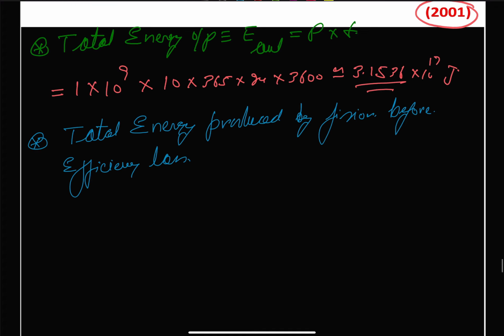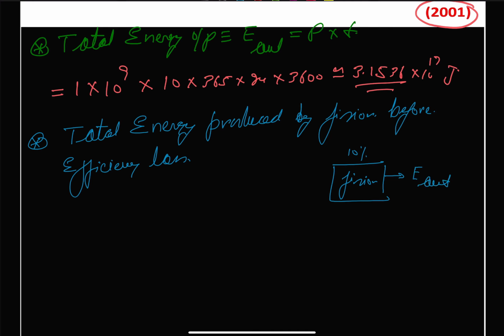Suppose this is a black box in which the fission is taking place, and this black box is operating at 10% efficiency, and we already know the output given by it is our E out.